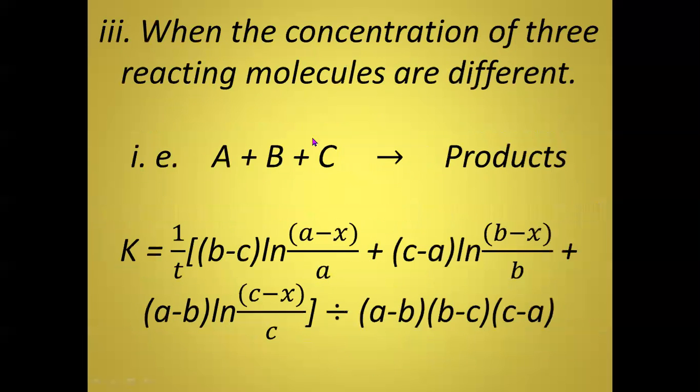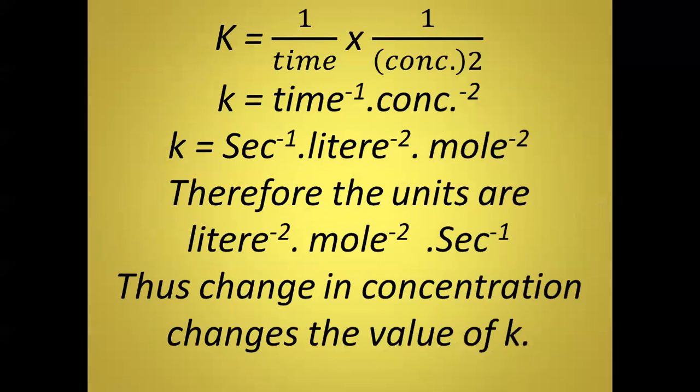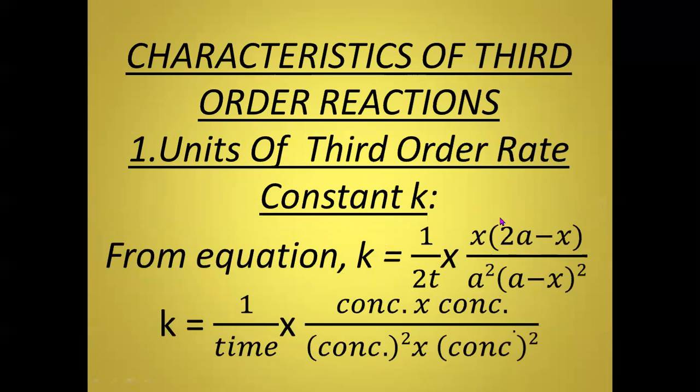We take the first one, that is 3 molecules of A produce product. Here K = 1/2t × x(2A − x) / (A²(A − x)²). Why are we taking this equation?